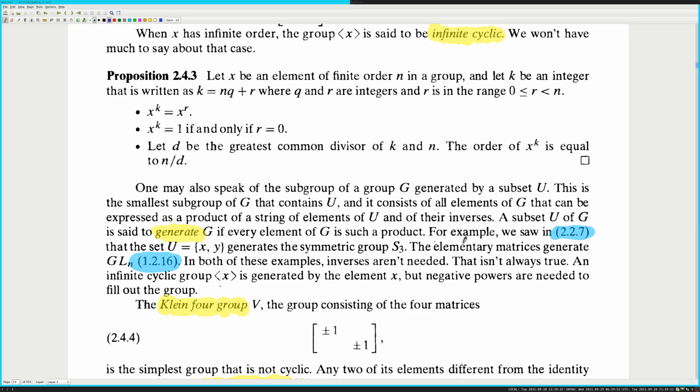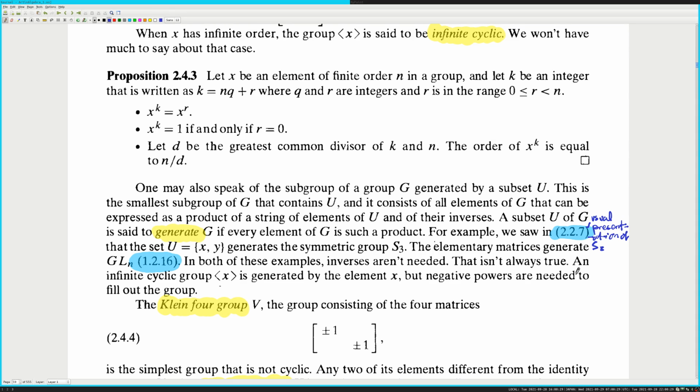And then, okay, 2.2.7. That is the usual presentation of S3. And 1.2.16.